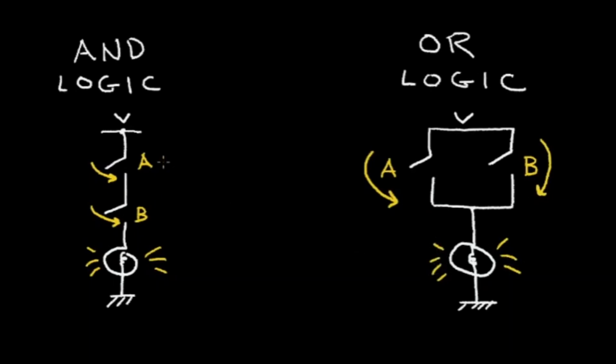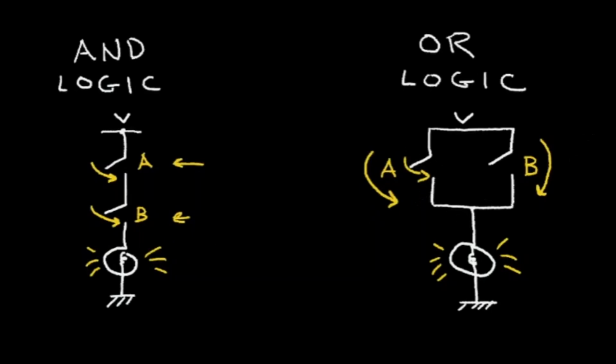So in this case, the AND required both switches to be closed for the event to happen. In the OR logic, it only required one switch to be closed for the event to happen.